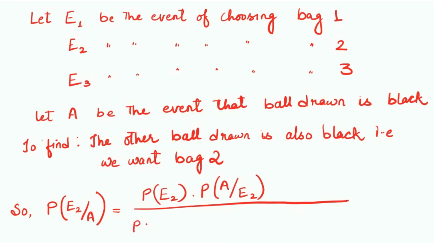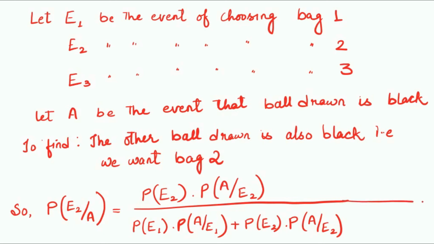So probability of E1 multiplied by probability of getting a black ball from E1, plus probability of E2 into probability of getting a black ball from E2.